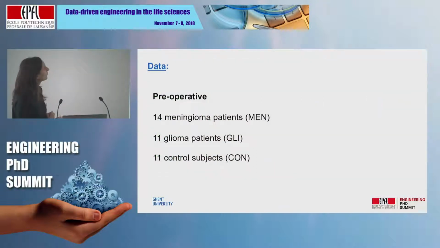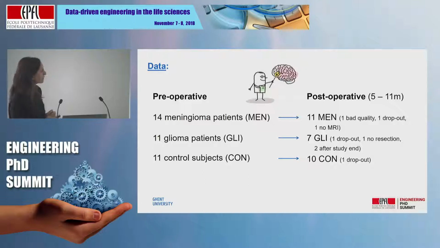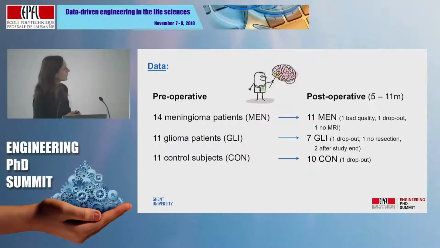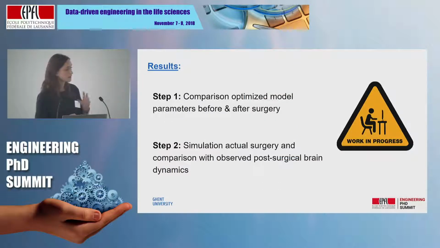For this study, we also acquired post-operative data of the same patients. We had a little bit of dropout, which is unfortunate, but still we had some subjects 5 to 11 months after surgery. The idea is, as a first step, to repeat exactly the same procedure we did before surgery, on the post-operative data.